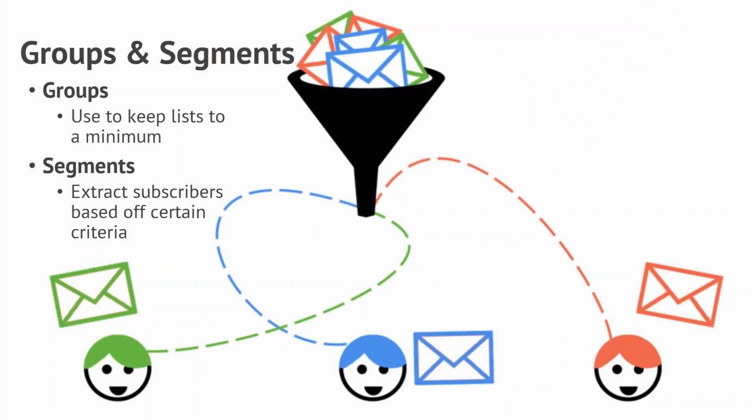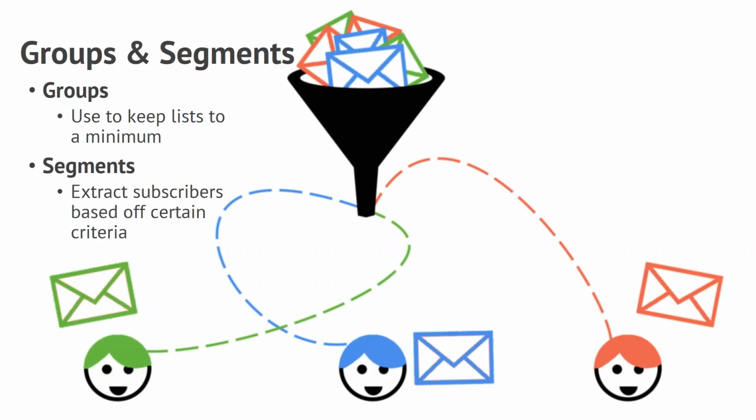Now with the groups and segments, we use the groups to keep the lists on our account to a minimum, because what we want to do here is make sure that each subscriber is only on one list on our account. MailChimp actually works by billing us per subscriber. So if that person is subscribed to 2 lists, they count as 2 subscribers.